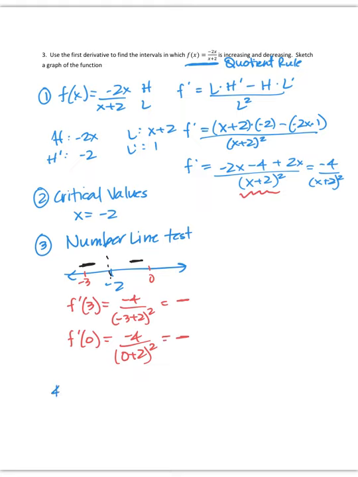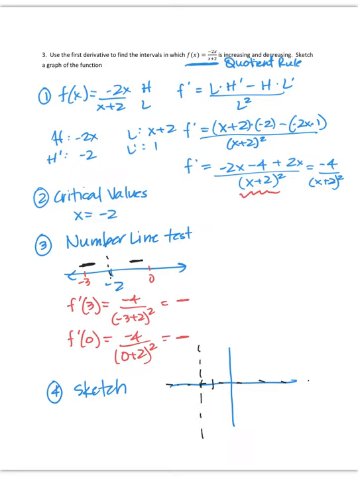So now we're going to do our sketch. And in this case, we are going to have a horizontal asymptote that would go along here. We also are going to have that undefined one at negative 2, which would go there.